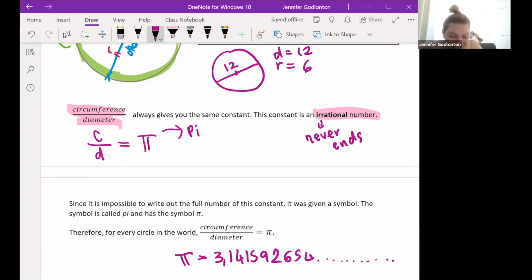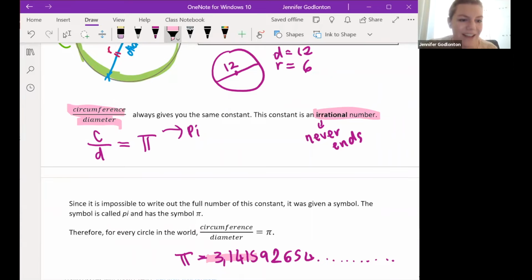We found that there are people who spend their whole life memorizing these different digits of pi. So for example, if I could not look at my calculator and I could say 3.1415, then I know the first 4 digits of pi. And there are people who memorize all of these numbers.